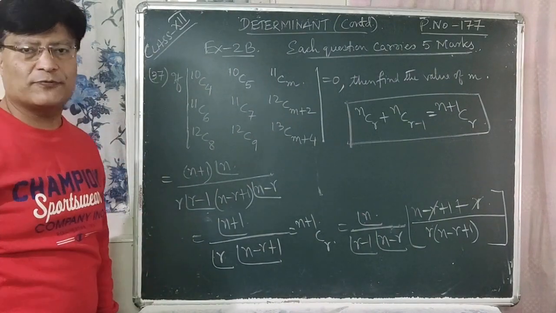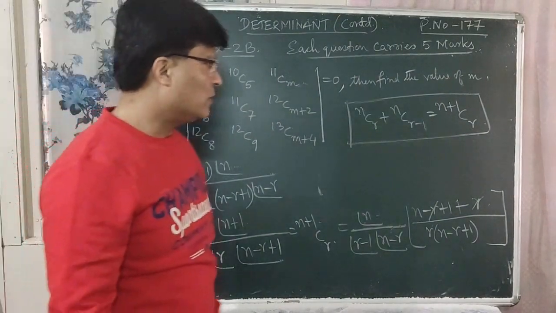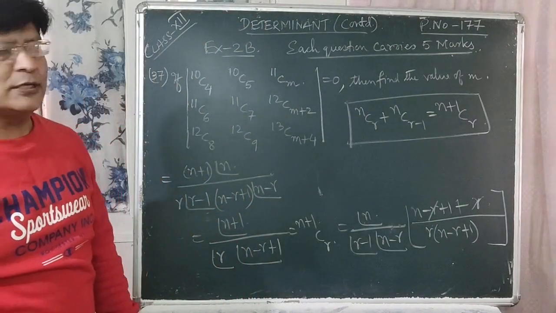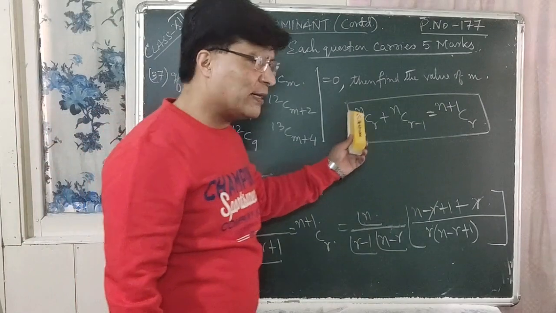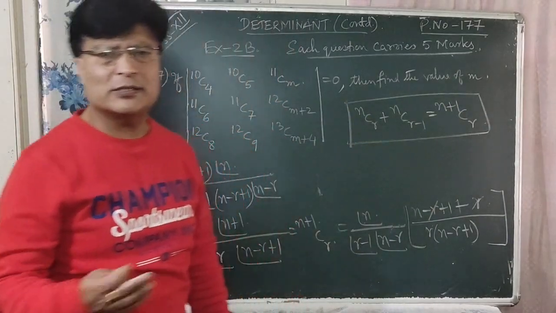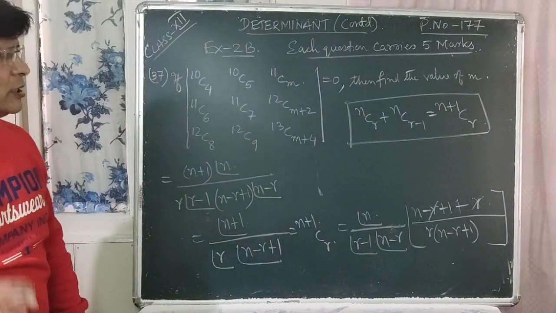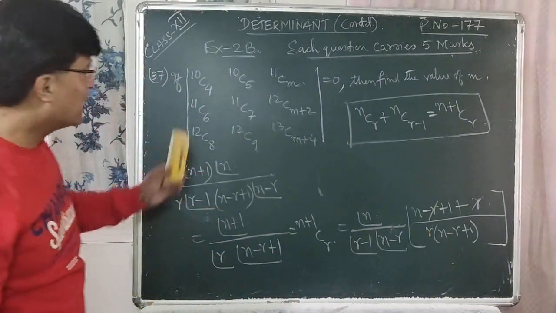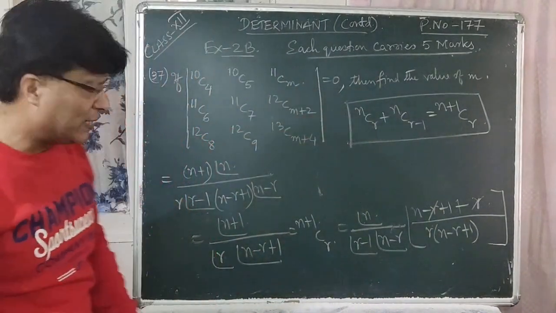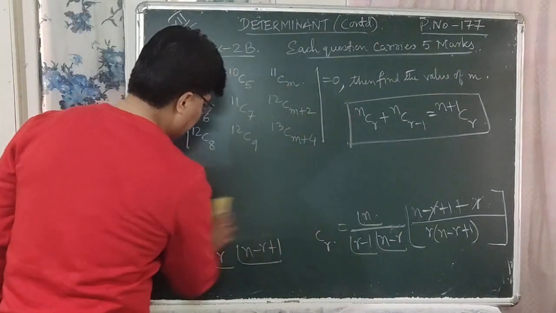You should know this formula, right? So in the examination, you can directly write it. Directly you can write nCr plus nC(r minus 1) is equal to n plus 1 C r. Now we will use this formula in this determinant to get the value for what? n, right? So let us do it now.